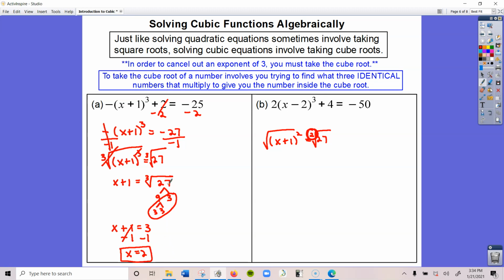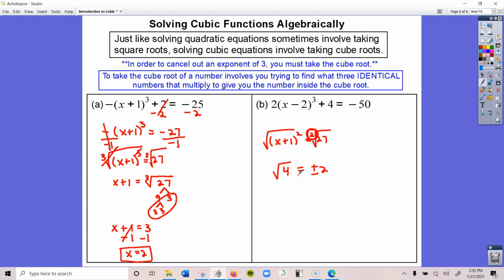Now it's important to note that when you square root something, your answer is always plus or minus, because 2 identical numbers would multiply to give you whatever is inside. So, for example, the square root of 4 is equal to plus or minus 2. And that's because 2 times 2 is positive 4, as well as negative 2 times negative 2 is equal to positive 4.